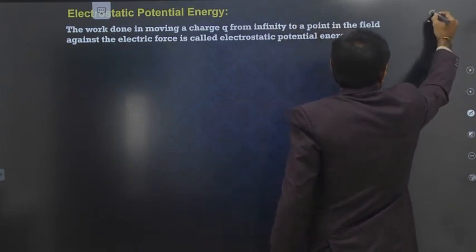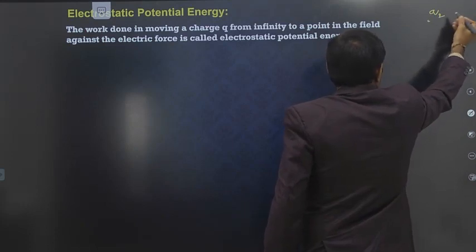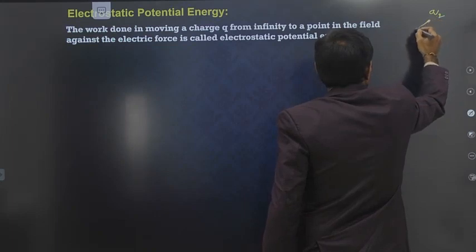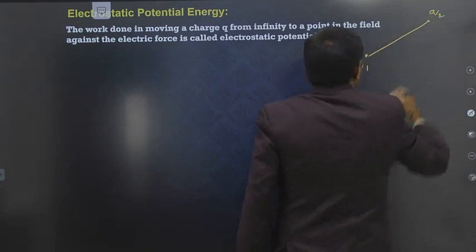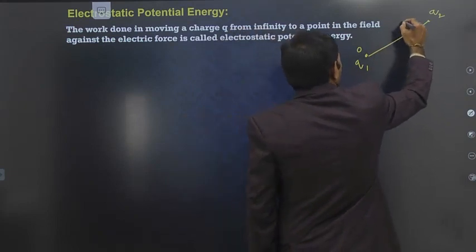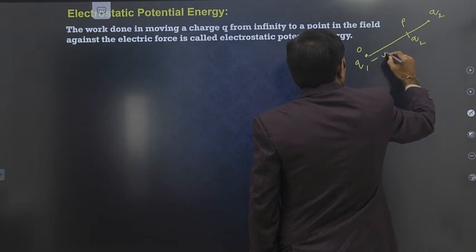Let Q2 be any arbitrary second charge, kept at infinity. It is slowly moving without any acceleration towards Q1 from infinity. Suppose at some arbitrary point P, Q2 is now at a distance R from Q1.